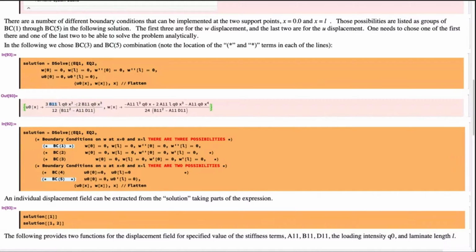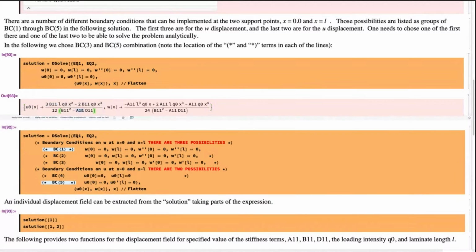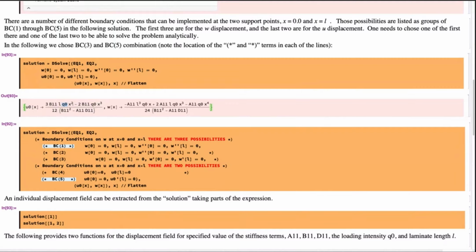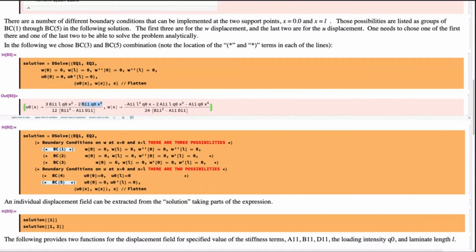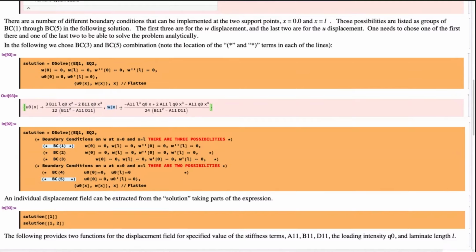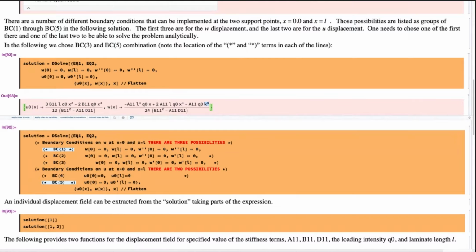It has B11, A11, D11 in it, the Q0 loading, and it's a cubic function of x. W is a function of x, and it's a fourth-order function of x, again with ABD terms.